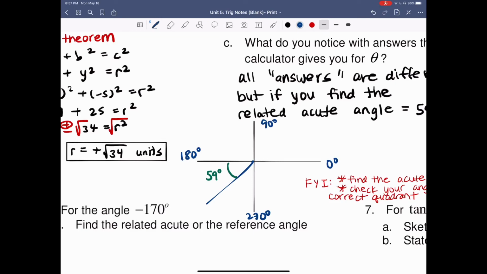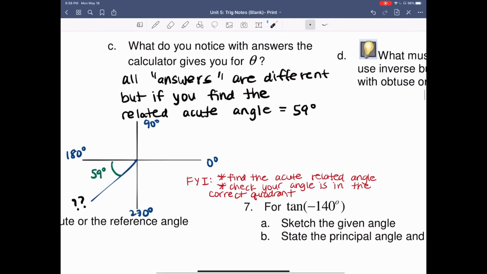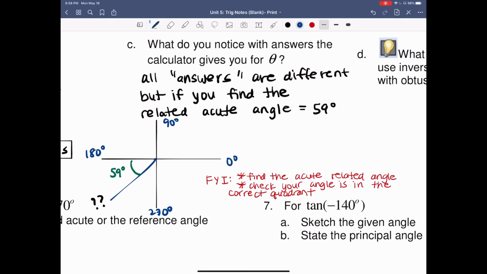Well, what is this going to be? Think of it this way. From the initial position to this part is 180 degrees, I could add 59 degrees to get this principal angle. And that's exactly what I'm going to do. I'm going to say theta is equal to 180 plus 59 degrees is equal to 239 degrees.